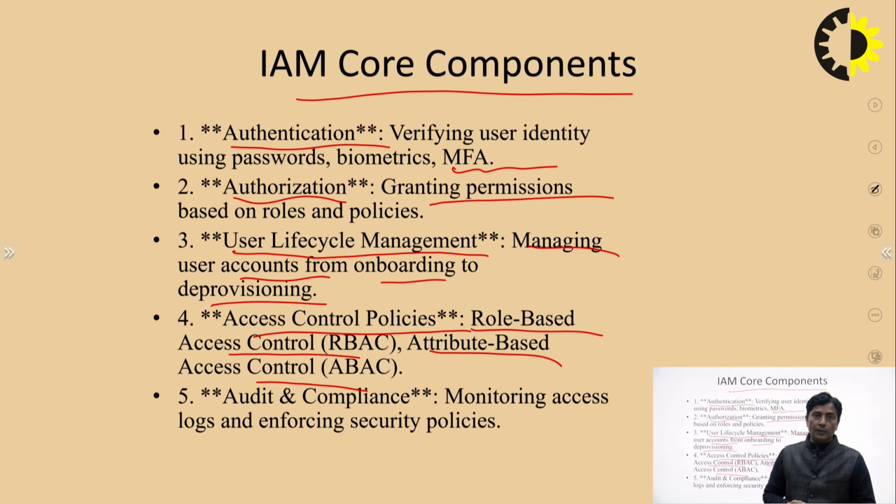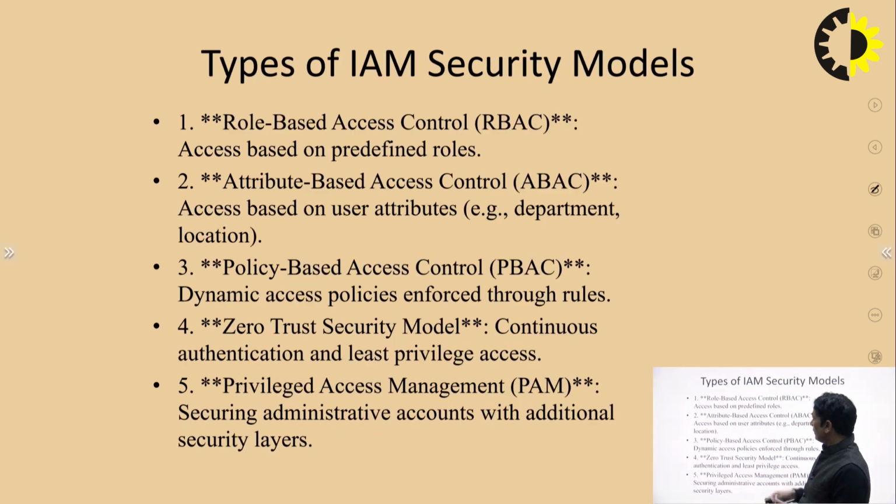This is known as RBAC. Attribute based means file based. This is the file, and focusing on the file, what are the different users that may access this file. These are attribute based policies. Similarly, audit and compliance: monitoring access logs and enforcing security policies. They are the core components of identity access management.